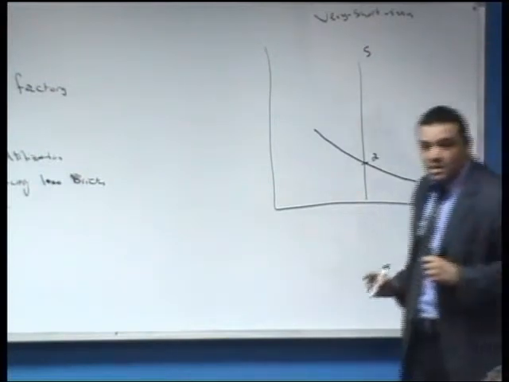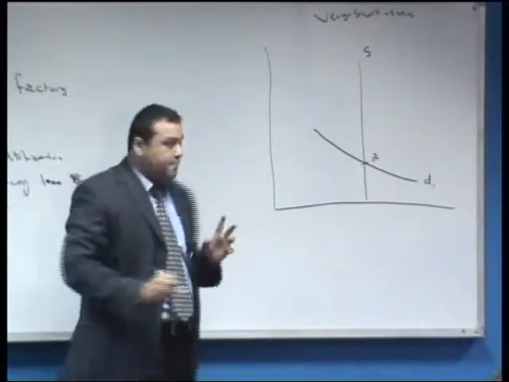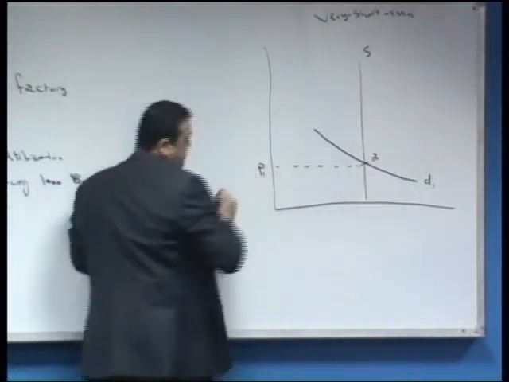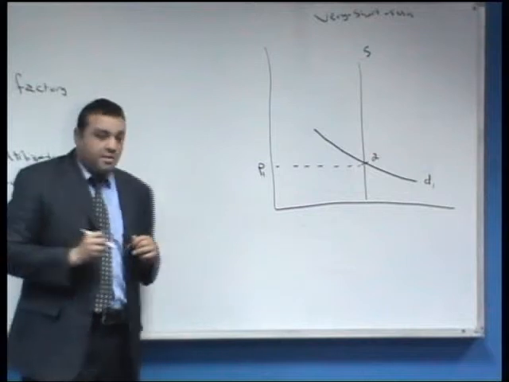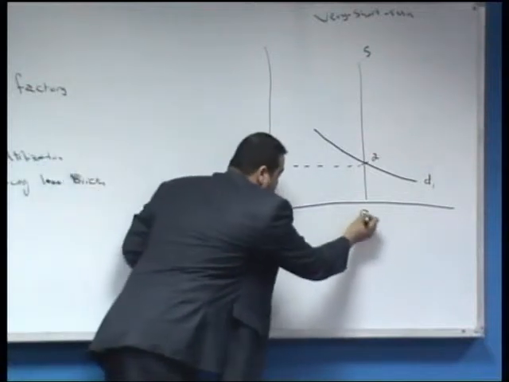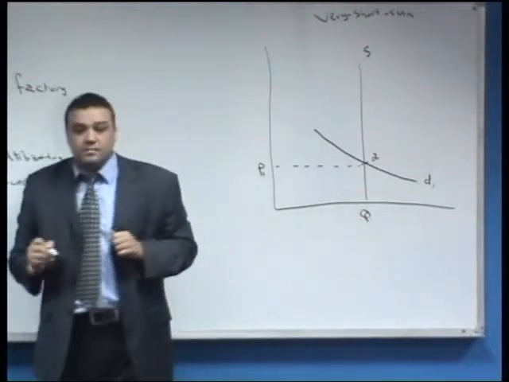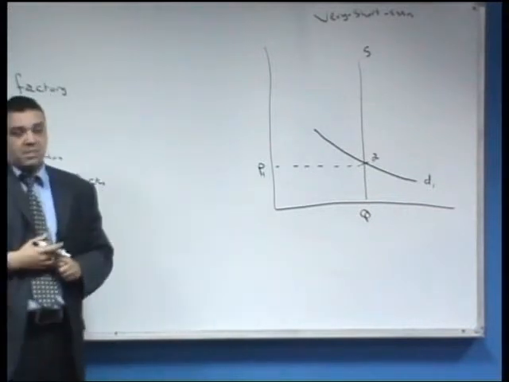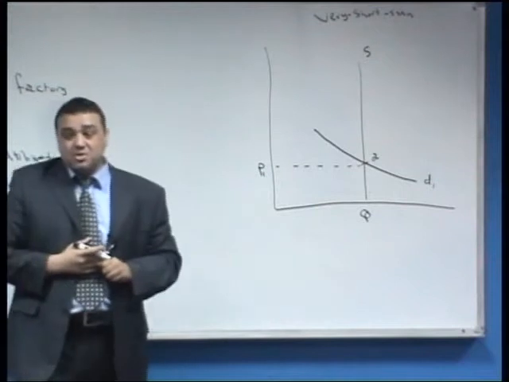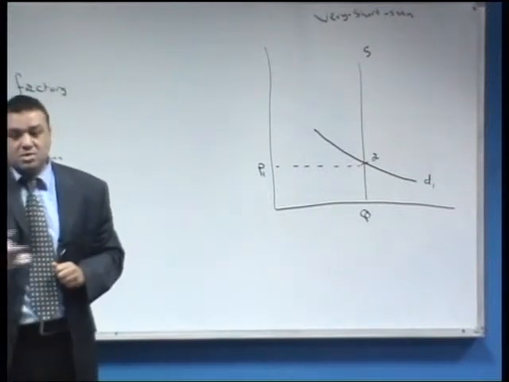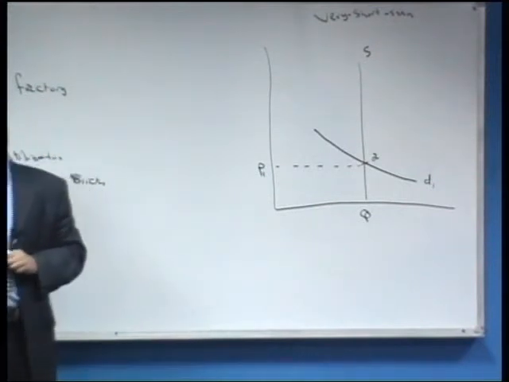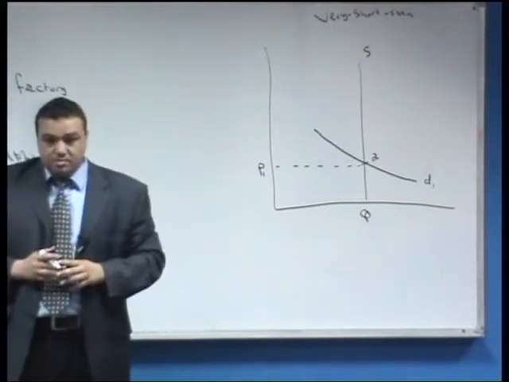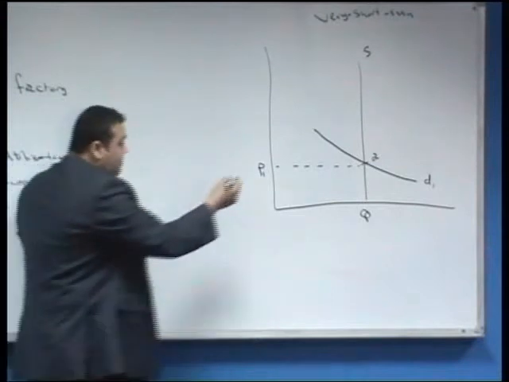This is the equilibrium price for bricks in the market. This is P1, right? And this is the quantity. Suppose that someone came to the factory and asked you to produce 5,000 bricks a day. He asked you, so the demand increased.